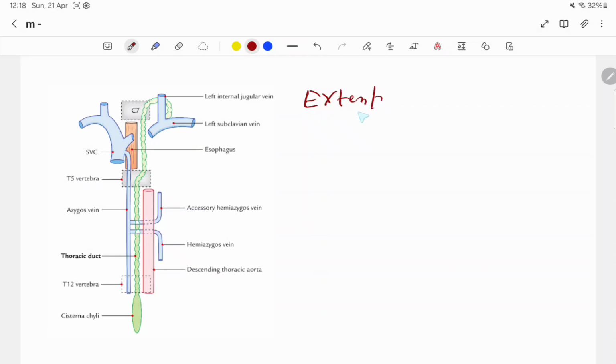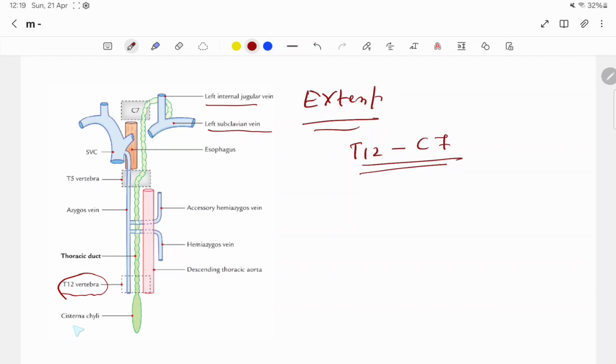It extends from the 12th thoracic vertebra, T12, runs upwards and ends by opening into the junction between the left subclavian vein and the left internal jugular vein at the level of the 7th cervical vertebra. So it extends from T12 to C7. Here you can see there is a part called the cisterna chyli.